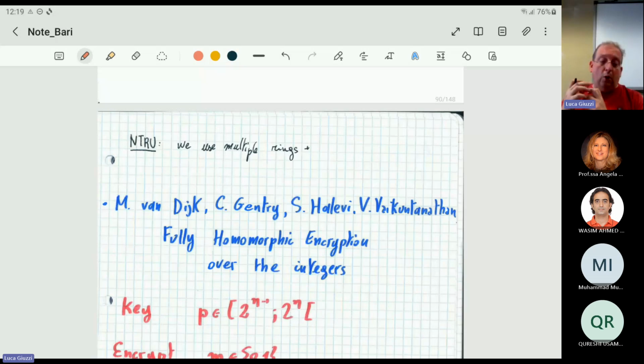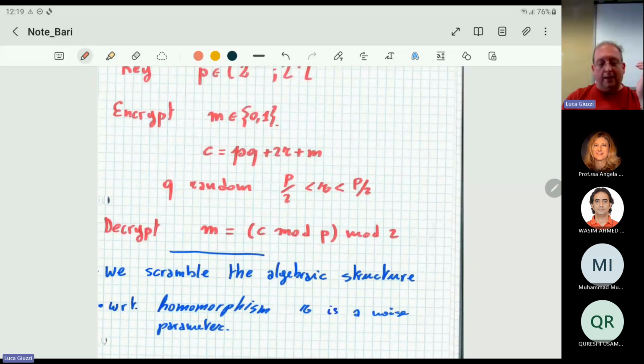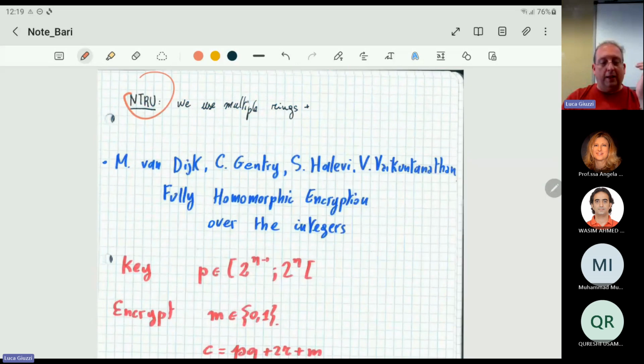There are also other kinds of algorithms where we use properties of lattices in order to construct something which is supposed to be secure. NTRU, meaning nth degree truncated polynomial ring units.